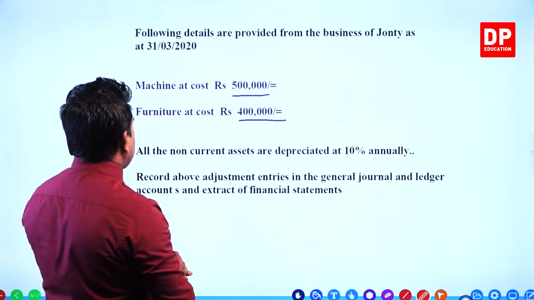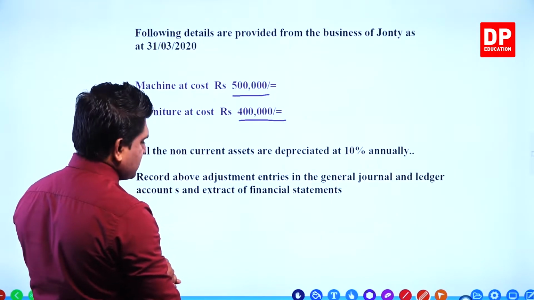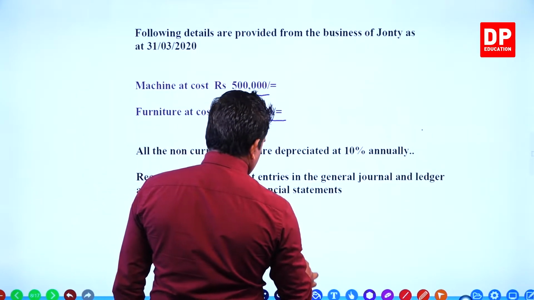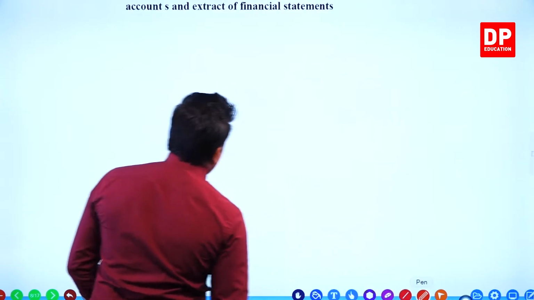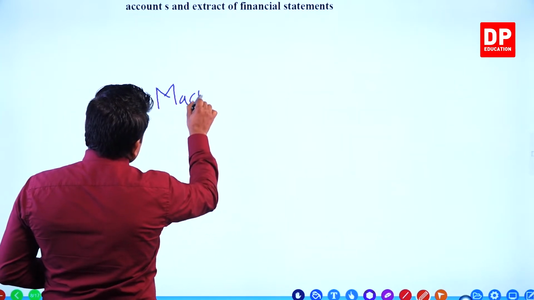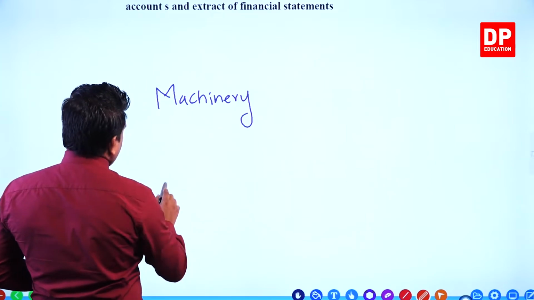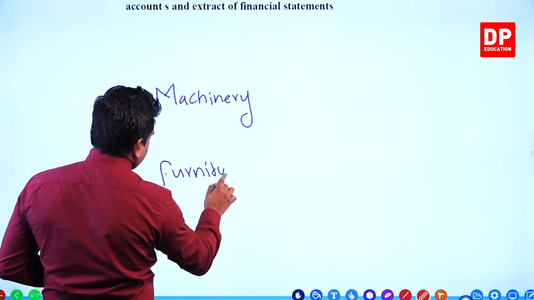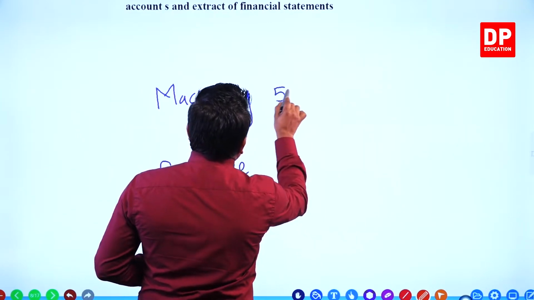Now, the thing is this. First of all, we have to calculate the depreciation for each asset, right? See, machinery 500,000. Machinery depreciation, you think? The other one, furniture. Machinery cost 500,000.